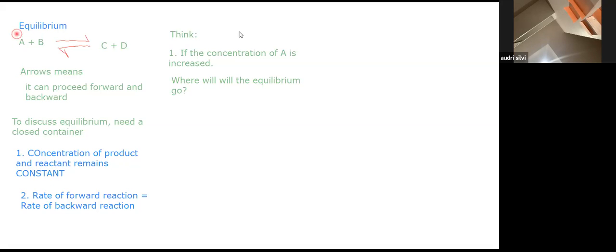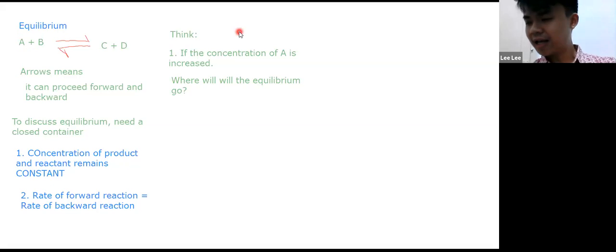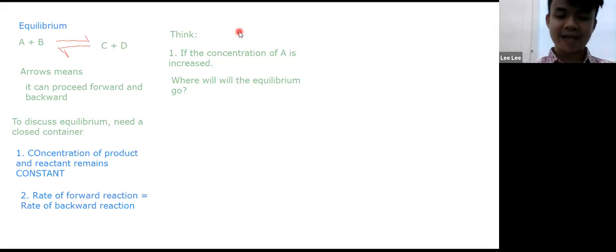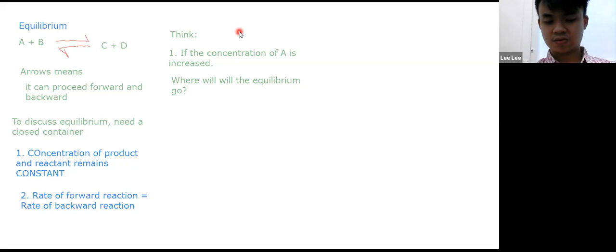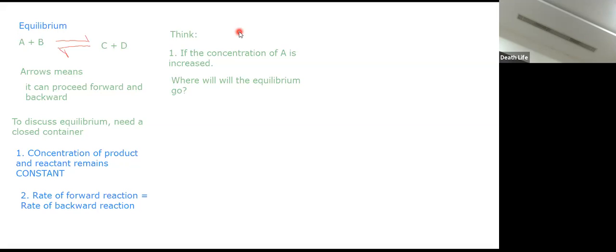It's simple. When you add A, it means automatically A and B will react, right? If A and B react, where will your reaction go? If A and B react, it will produce C and D. You understand? Yes.